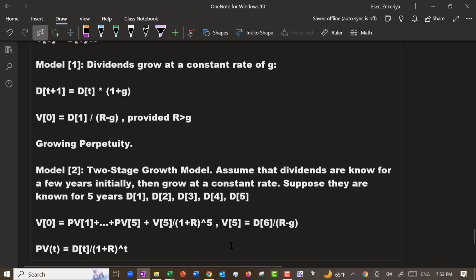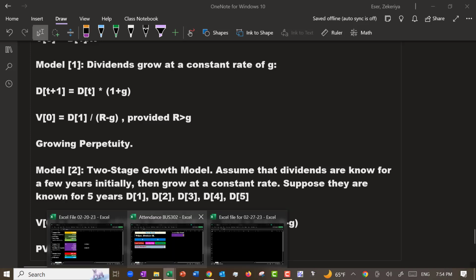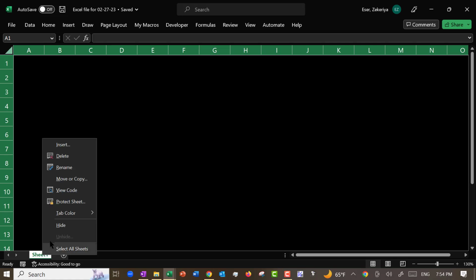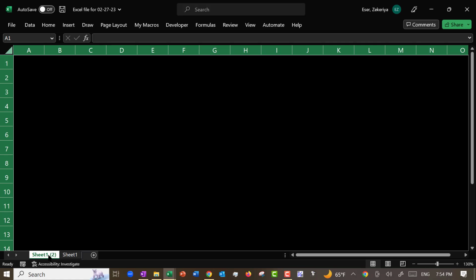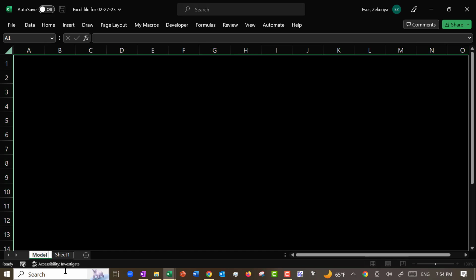Model 1, constant growth. Let's say 8%. I'm going to explain what I mean by that.